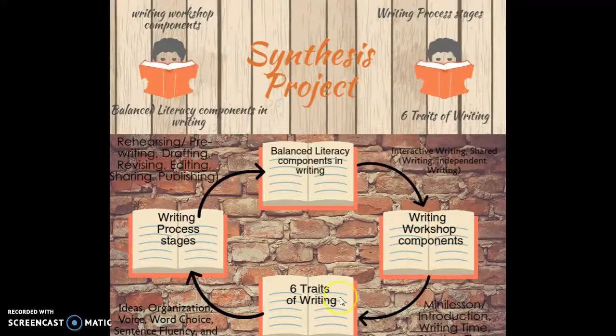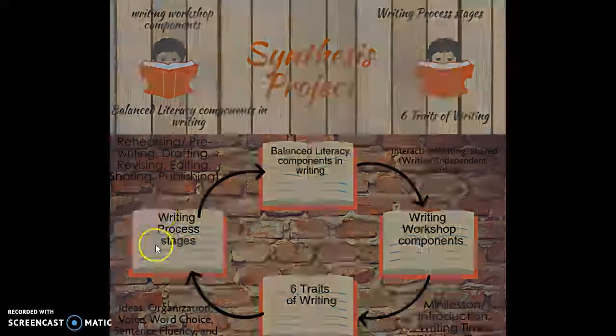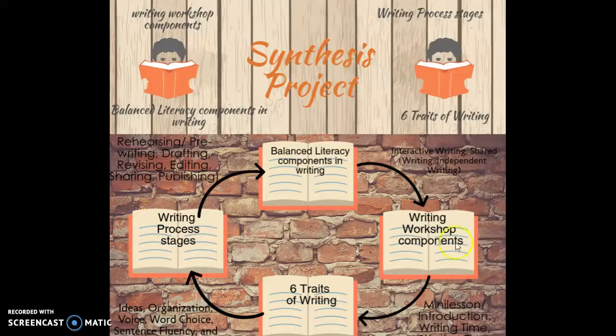Always incorporate the 6 traits of writing into the writing workshops. And then you follow the writing process stages. So if you could complete a writing workshop every 6 weeks, and have them implement all of these components into their writing, they can truly believe that they are writers themselves.